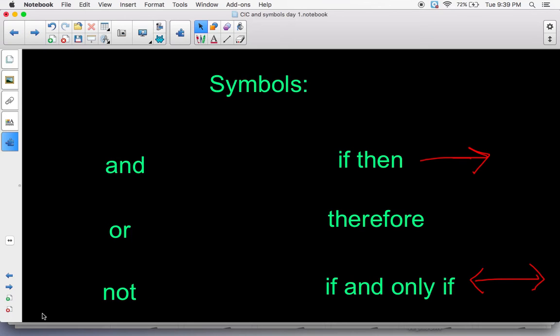We already talked about not. It's a squiggly. Therefore is 3 dots. An and symbol looks like an A. It's like a caret, almost like you've seen on your calculator. And an or looks like a V. Okay?